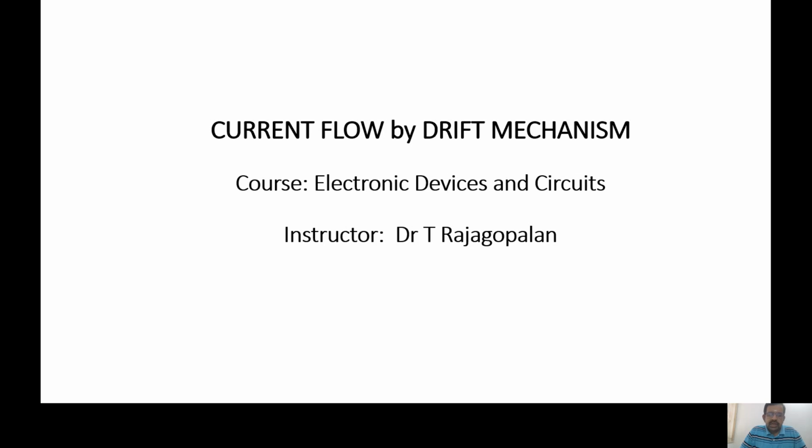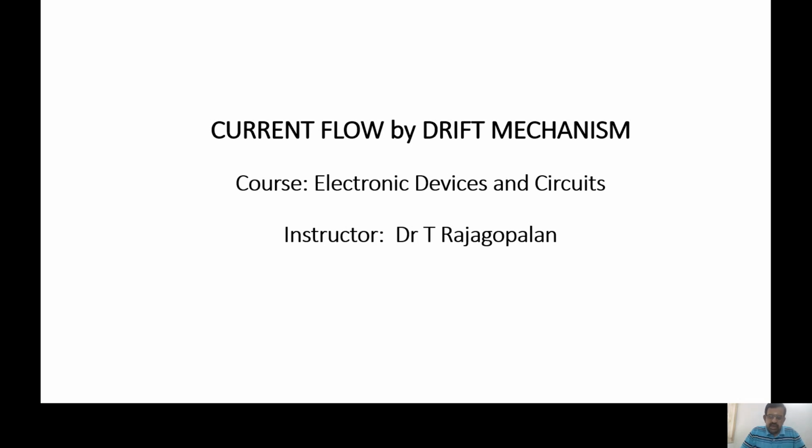There are two mechanisms that govern the current flow in semiconductors. One of them is the diffusion mechanism that we discussed in the last class, and we did a problem also. And we also discussed a little bit on the other mechanism, what is known as the drift mechanism.